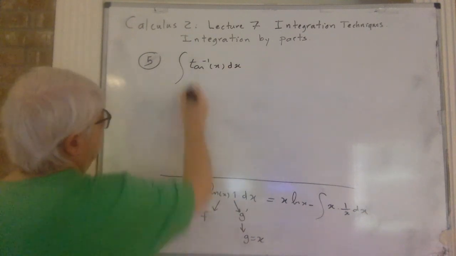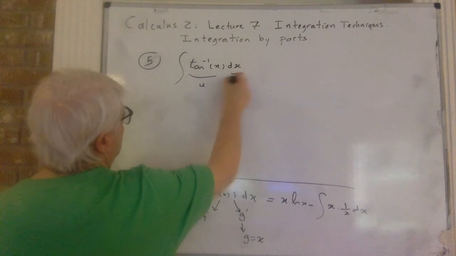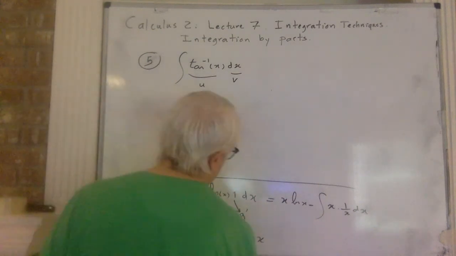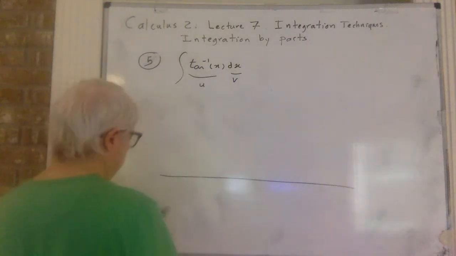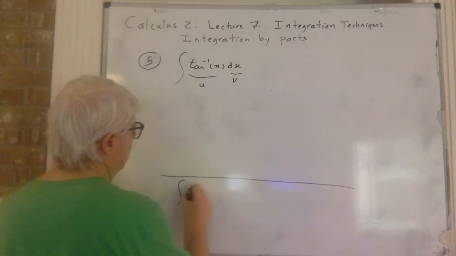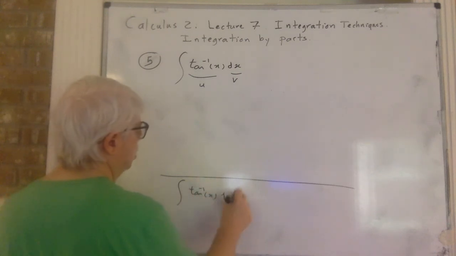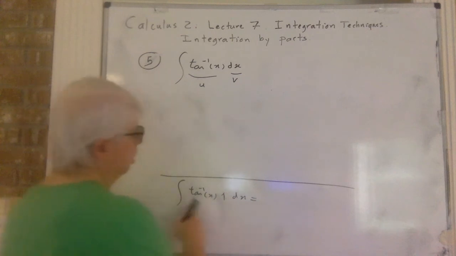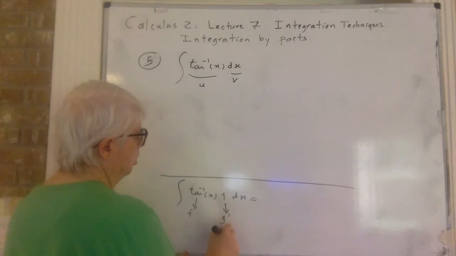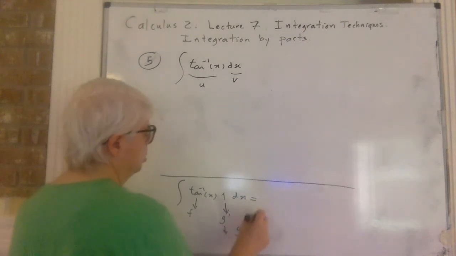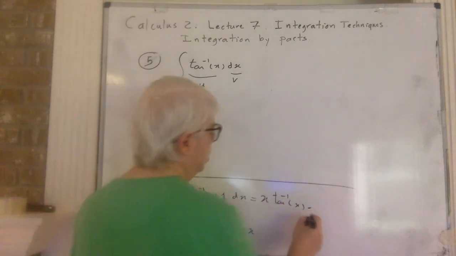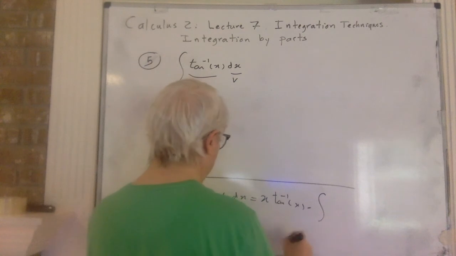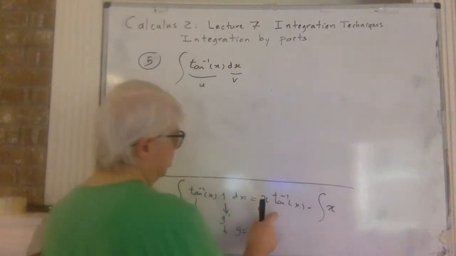Okay, then if you use u dv or you use this method, let me write it here again. I prefer the other one, but anyway, if you write it like this, tan inverse of x times 1 times dx, so you will get 1 is what? This is f, g prime, g is simply x. So you get x tan inverse of x minus integral g of x times the derivative of this.